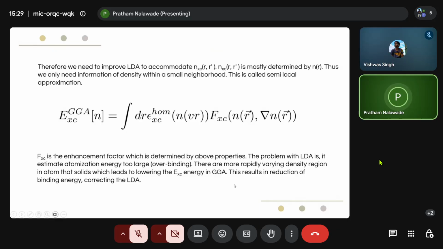But for 3D transition metals, where the electron is not completely delocalized but localized to atoms, you have to also consider the gradient of charge densities. So GGA can work in 3D transition metals and all that.